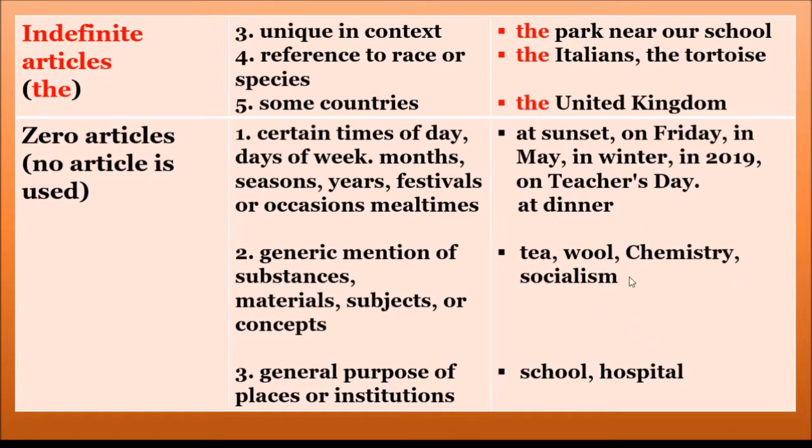And for general purposes, schools, hospitals, playgrounds, parks are all used for general purposes. Or some institutions, organizations, we will not use any sort of articles there. Hope now you understood where to use a, an, and the, the definite and indefinite articles, and where zero articles will be used. It means no article is used. Okay.